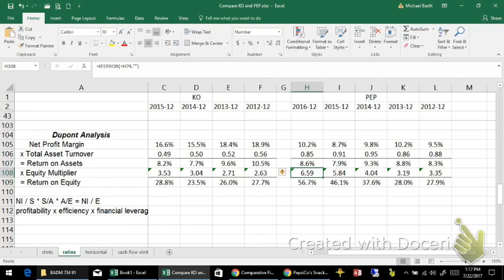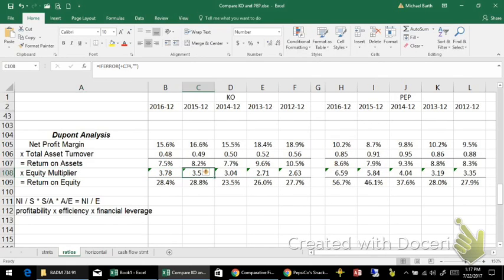Pepsi has been increasing its financial leverage. Coke as well, but not as much as Pepsi. Pepsi's profitability has stayed stable. Its total asset turnover has stayed stable, so its asset efficiency. So you have fairly stable return on assets. Coca Cola's have declined.